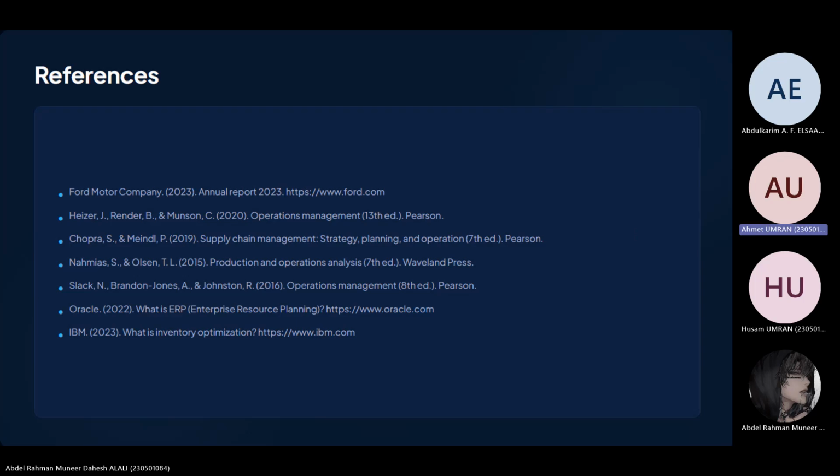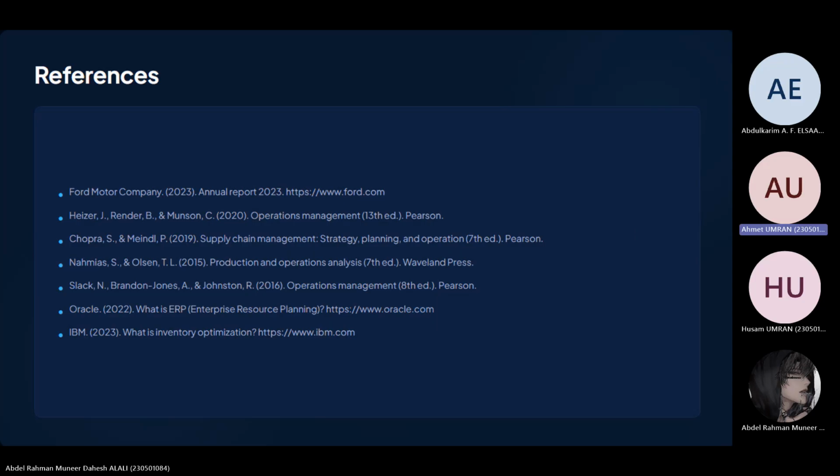Overall, inventory optimization is not just a technical process, it involves planning, coordination, and strategic decision making. Companies that manage their inventory well can reduce costs, improve service, and gain competitive advantage in the market.